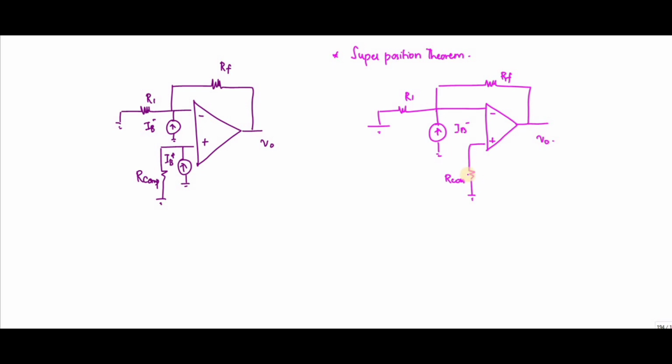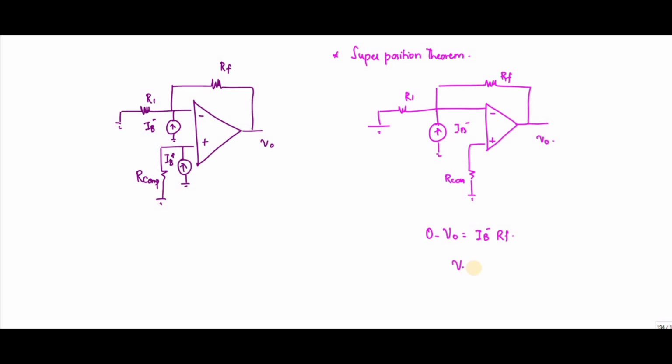So if I take the current as only one source, since we are applying the superposition theorem, if I apply only one source, I will get the answer as 0 minus V0 is equal to IB minus RF, right?